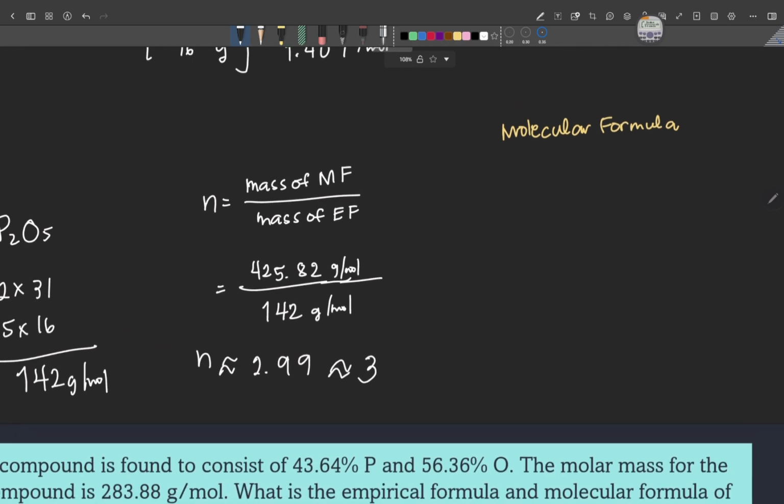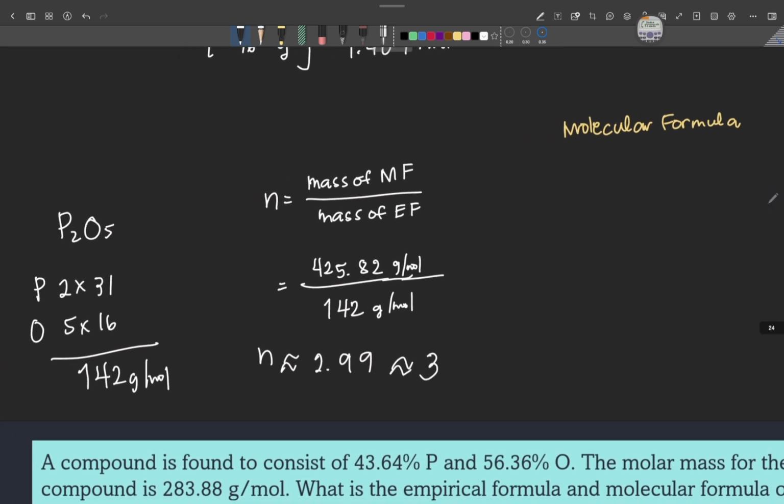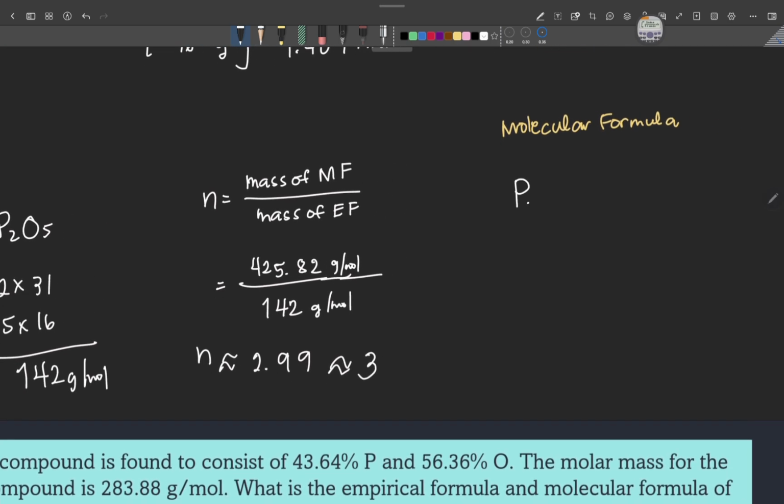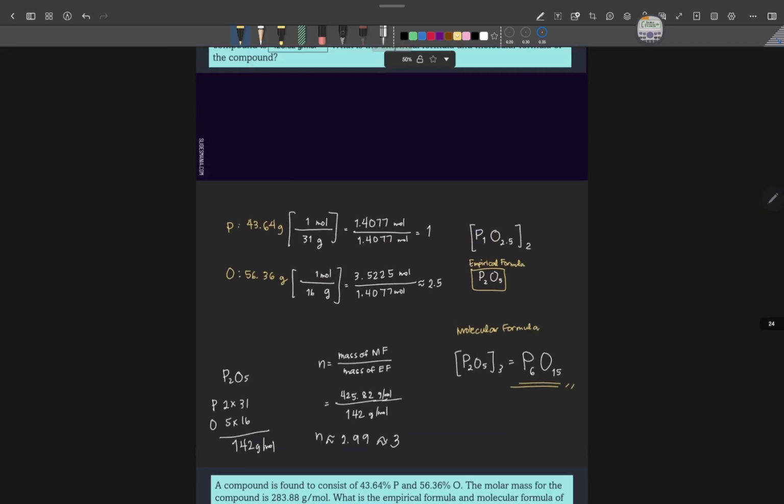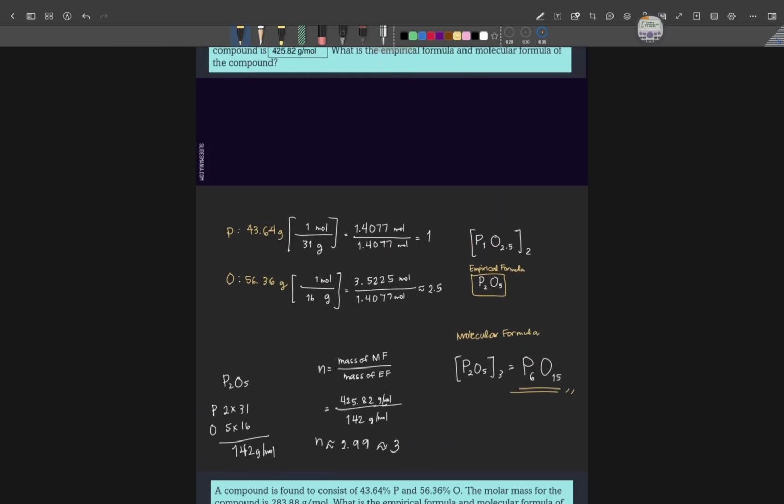So we have to multiply the P2O5 by 3 to get the molecular formula. So that becomes P6O15. Okay, so that's an example for the molecular formula.